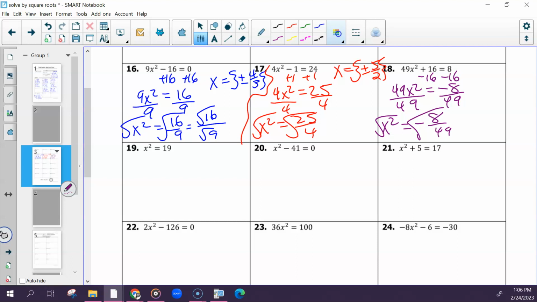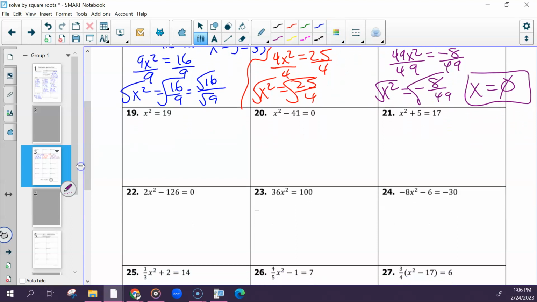Would it be no solution? It would be no solution, not because 8 is not a perfect square, but because it's negative. Now, in Algebra 2, you'll learn how to simplify radicals. We're not doing that. So we're just going to get decimals. Do we round it? Yeah, we'll round.